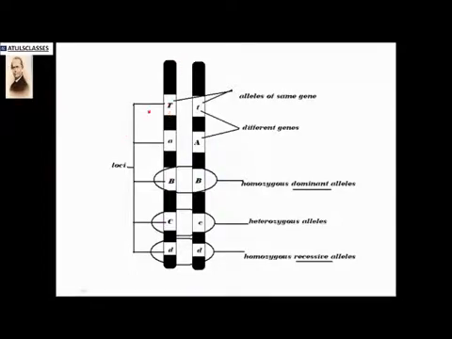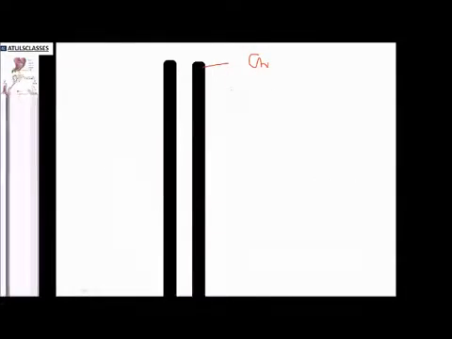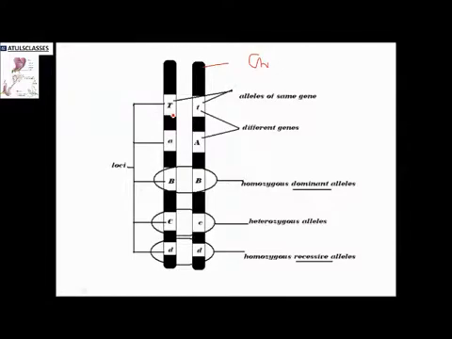Now you can say these are the two chromosomes, and on these chromosomes the genes are located. The genes of the same trait are, one on one chromosome and another on the other chromosome. These are homologous chromosomes.